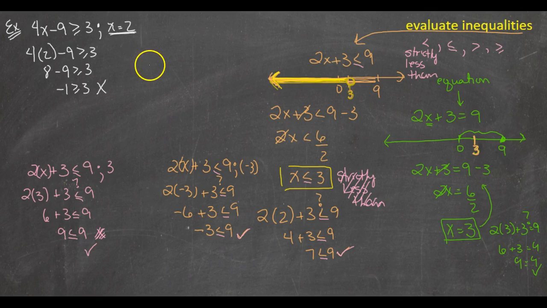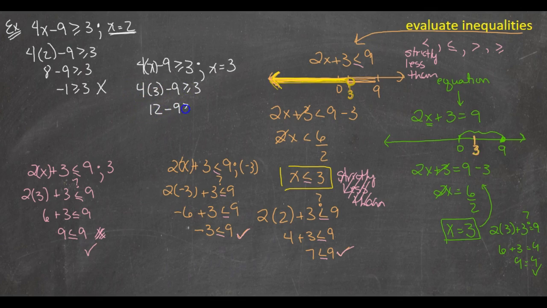Let's do that again with a different value. 4x minus 9 greater than or equal to 3. And this time we want to check when x equals 3. So 4 times 3 minus 9 greater than or equal to 3. 4 times 3 is 12.